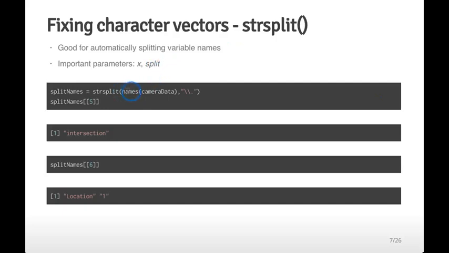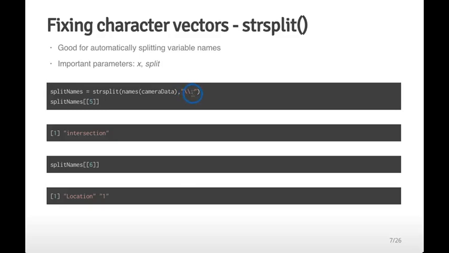It's best to see this with an example. We have this names vector for the camera data, which is the names of the data frame. You remember the last element was location.1, and the second to last element, the fifth element, was intersection without any dot. If I apply strsplit to this character vector and split at the value of a period, we can see what results.